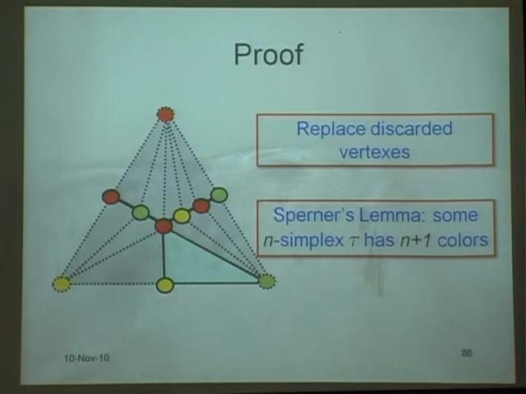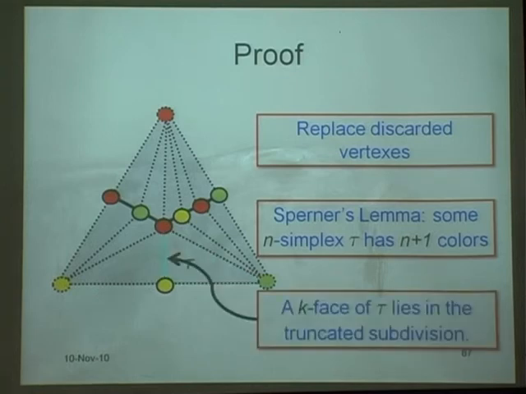So once we restore these things and we put in these cones over the faces, there's got to be some simplex here that has n+1 colors. So every vertex here has a distinct color. And then we go back and we throw away the small ones again. What we're left with is a k-dimensional face with k+1 vertices, and it has k+1 distinct colors. So we have the coloring that we're looking for. And we're going to use this to prove the impossibility of k-set agreement the same way we used Sperner's lemma in the original case.